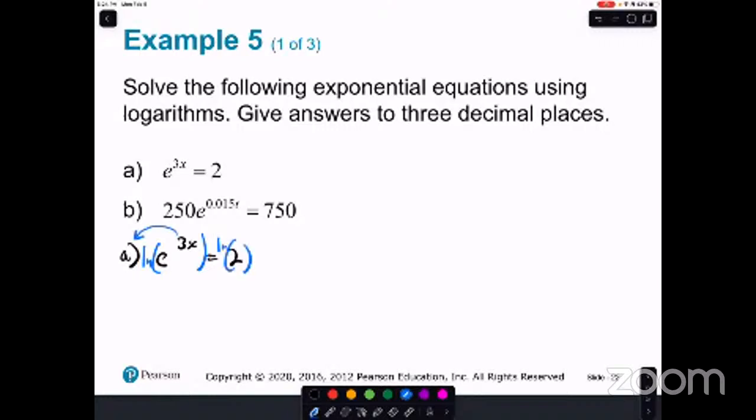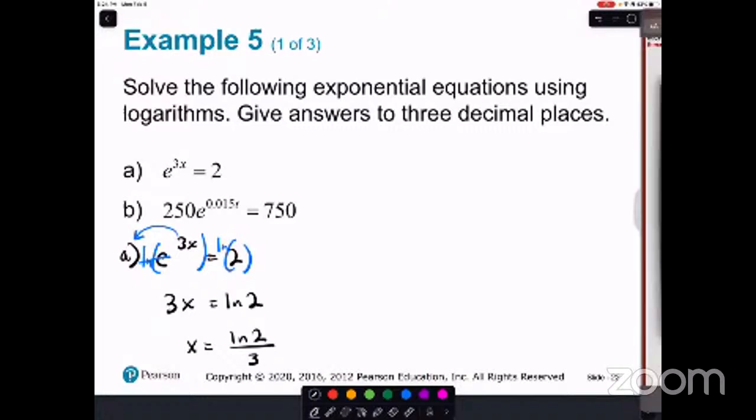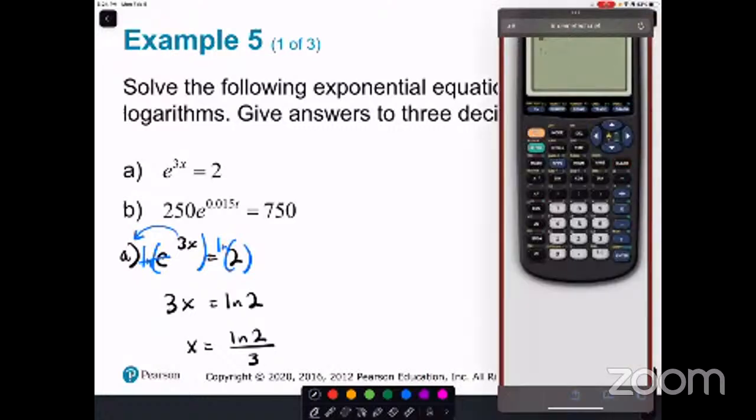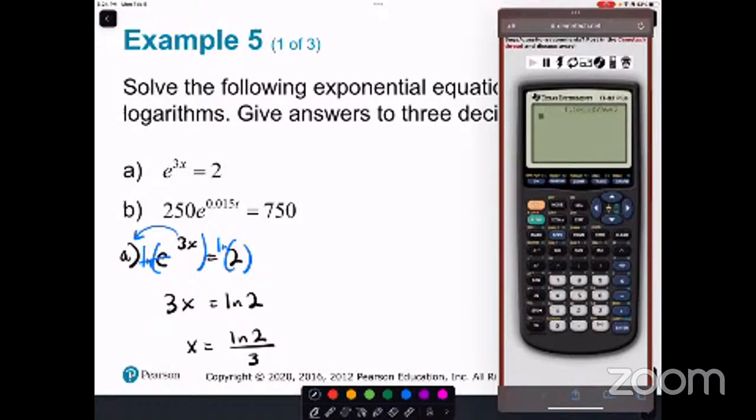So on the left, we're gonna have 3x. On the right, we have the natural log of 2. That's just some number. And then I'm gonna divide both sides by 3. So we have whatever that number is divided by 3. And then we would just use that calculator. Natural log of 2 divided by 3.